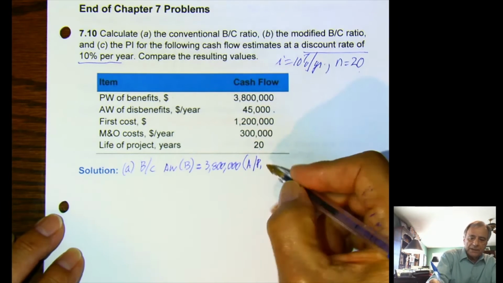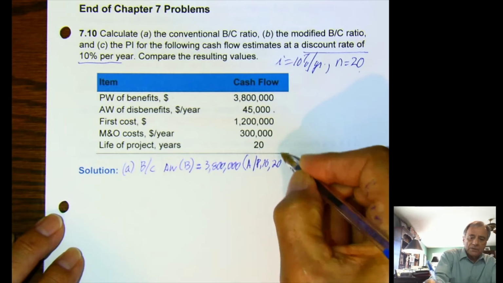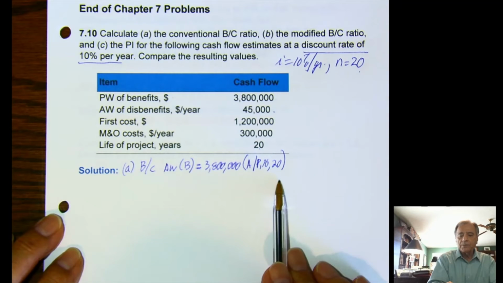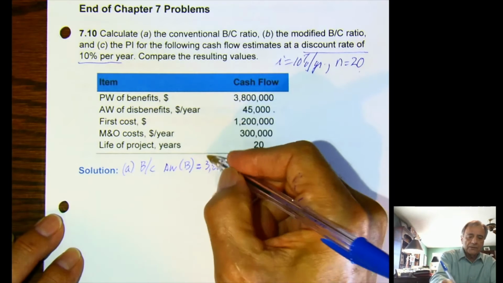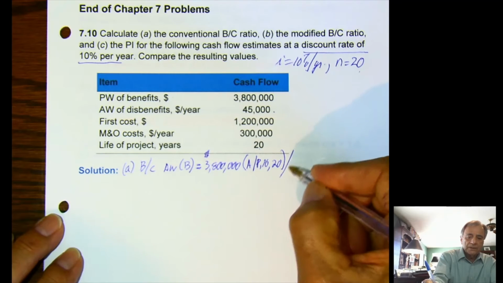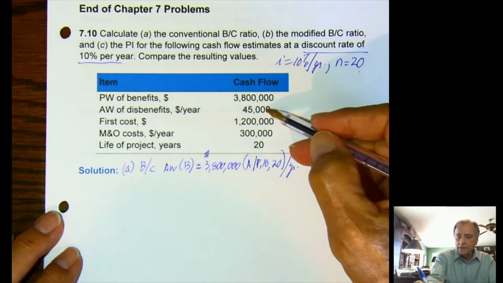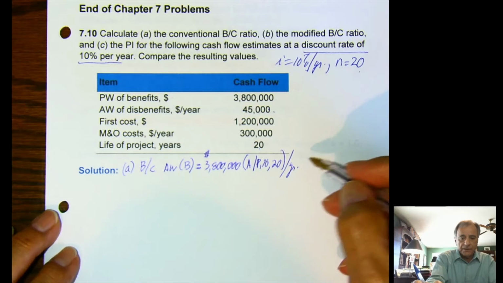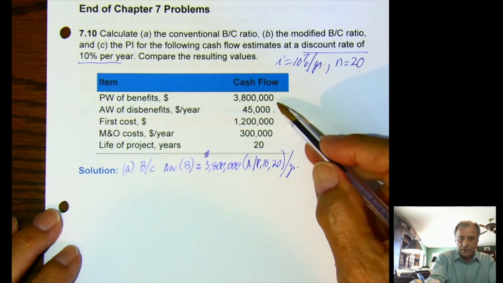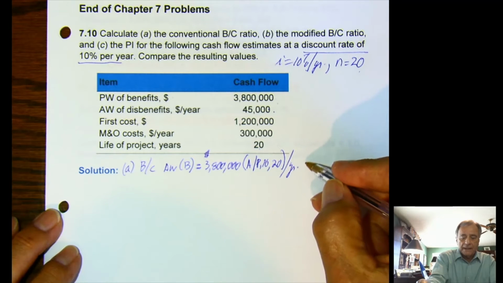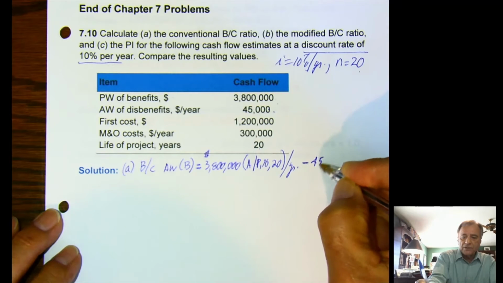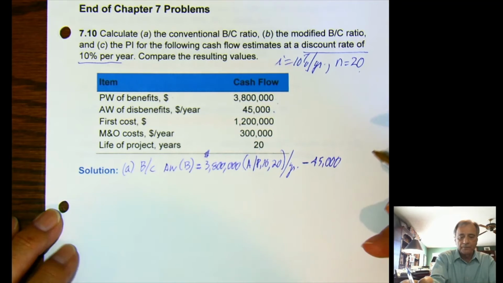10% for 20 years. So this is going to be dollars per year now. This is dollars per year. And this is dollars per year for years 1 through 20. So I can add or subtract those. So I'm going to subtract the 45,000 because that's a disbenefit.